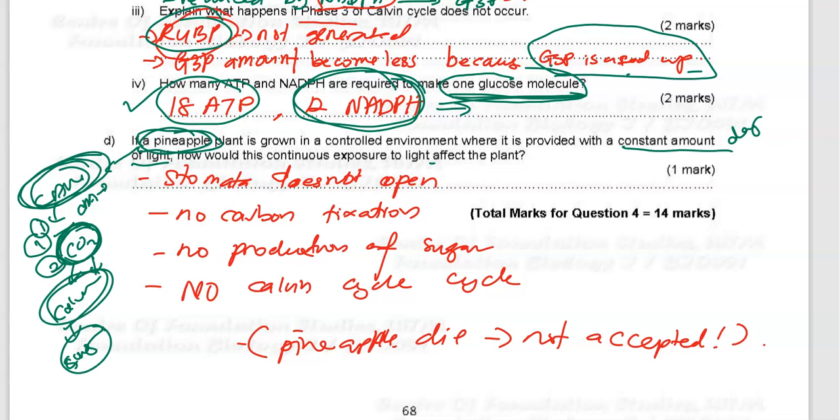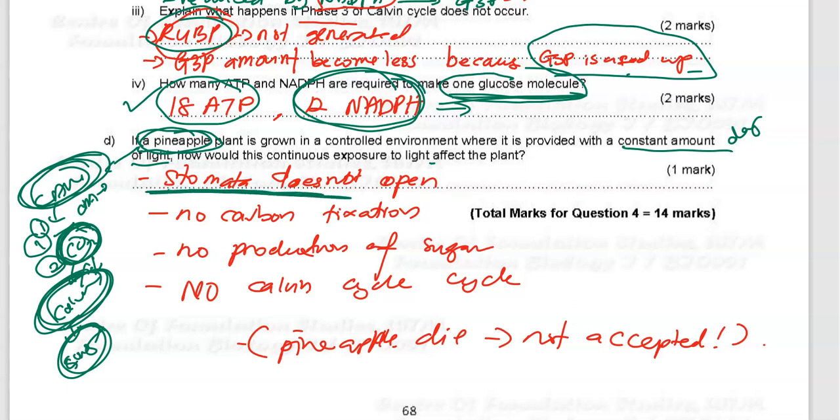So pineapple ni mesti kena ada waktu malam untuk dia melakukan first carbon fixation tu, untuk fit carbon dioxide pada waktu siang semasa Calvin cycle untuk menghasilkan sugar tu. So kalau tumbuhan ni sentiasa dipancarkan dengan cahaya, stomata pineapple tu will not be open.